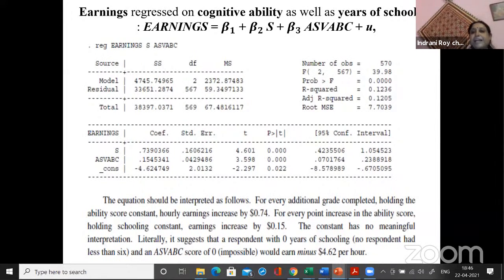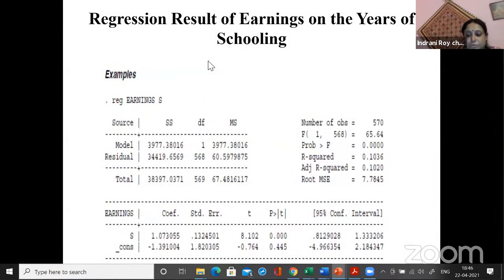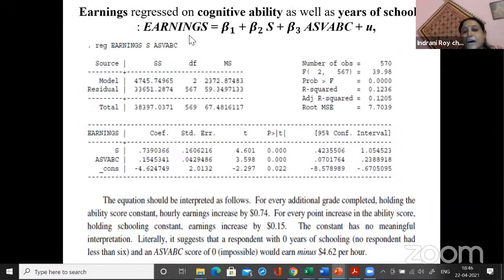So your model now becomes, is this part visible to you? I don't know how to remove this part. So here now earning is equal to beta naught plus beta 1 times years of schooling plus beta 2 times ASVABC, which stands for the cognitive ability of the individuals.